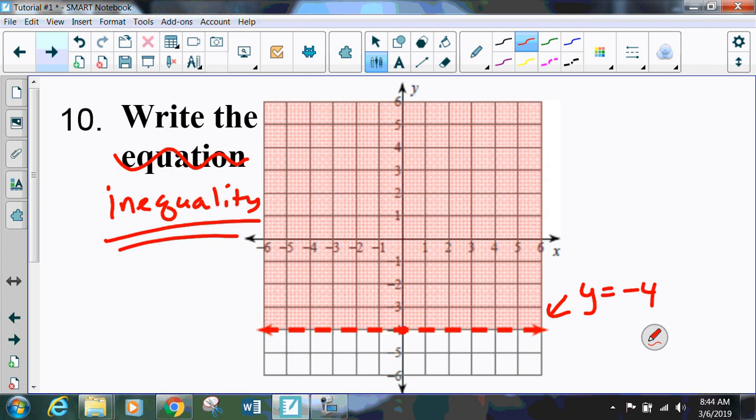And then I'm looking at the shading. I put my pen or pencil on the y-intercept. I see that the shading is up. Man, all this shading has been up. Why have we not had a less than one? Sorry about that. The variety should be a little bit different here. Another mistake I made. Oh no. Okay, so y, the shading, the answer is y is greater than negative 4.